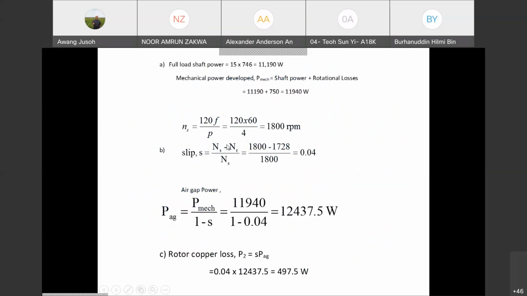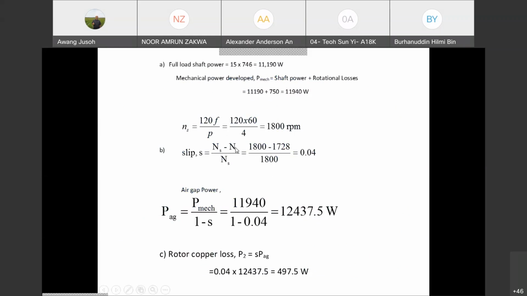During the no-load test, normally the rotor speed, Nr, is very, very high and very close to Ns. For example, Ns here is 1,800 RPM, so Nr is very close, maybe 1785 or 1790 like that. That is the rotor speed during the no-load test.